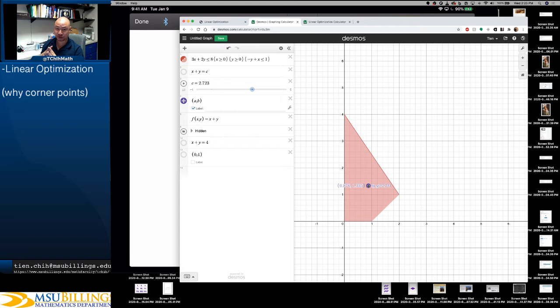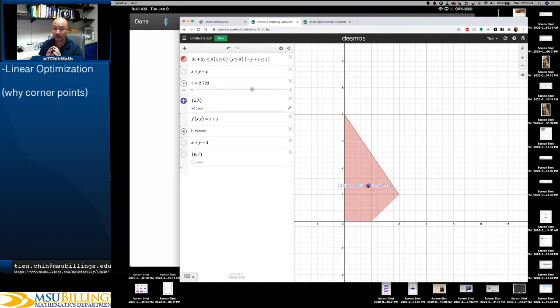And there's clearly infinitely many points, and so testing one at a time is not actually a good strategy, especially if, for example, my function turns out to be more complicated than just x plus y.